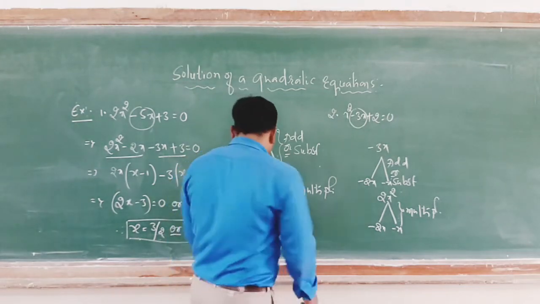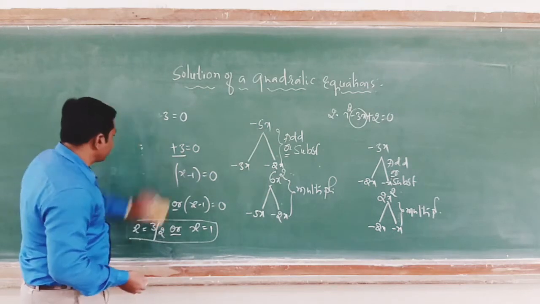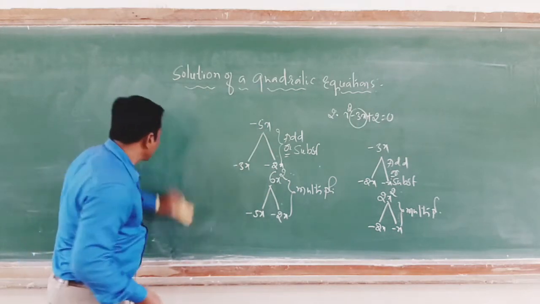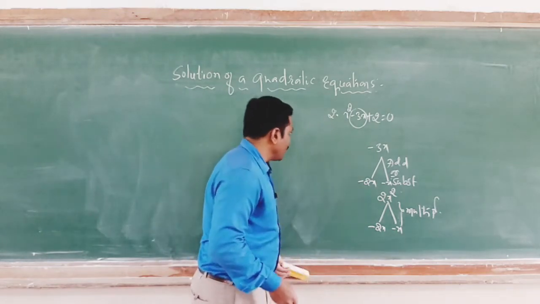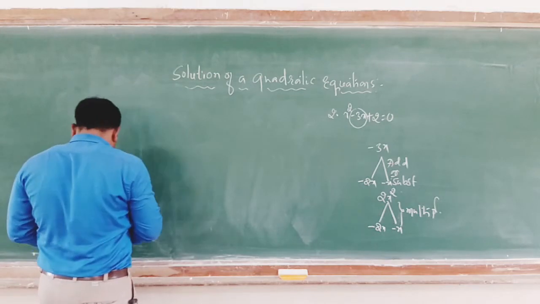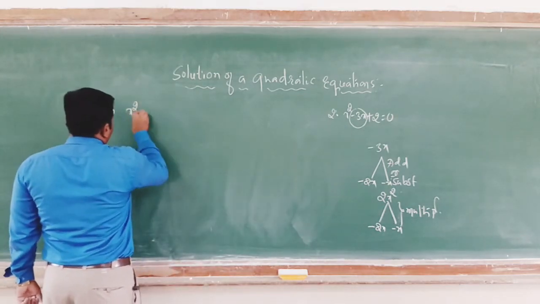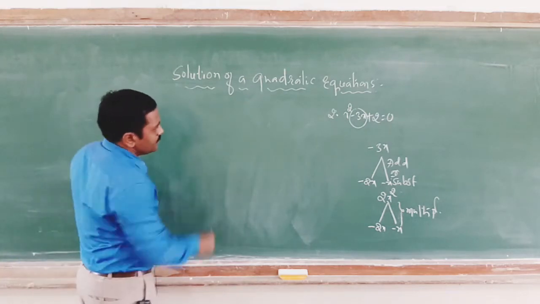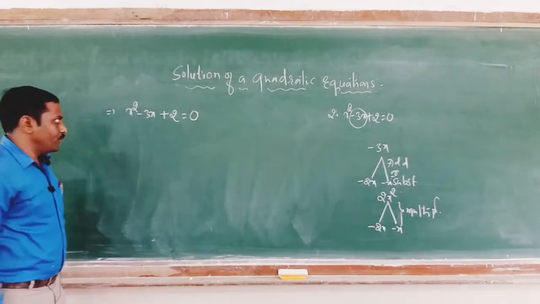So x square minus 3x plus 2 is equal to 0.